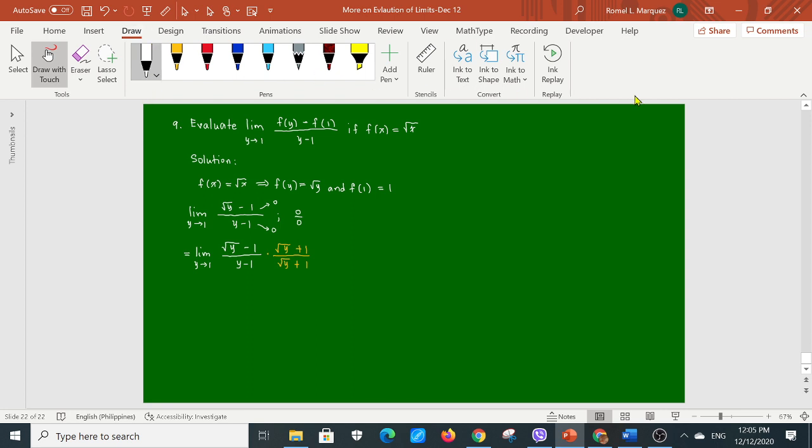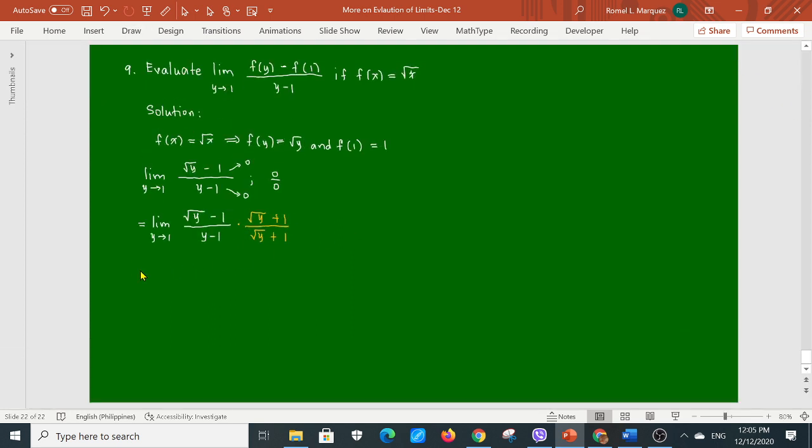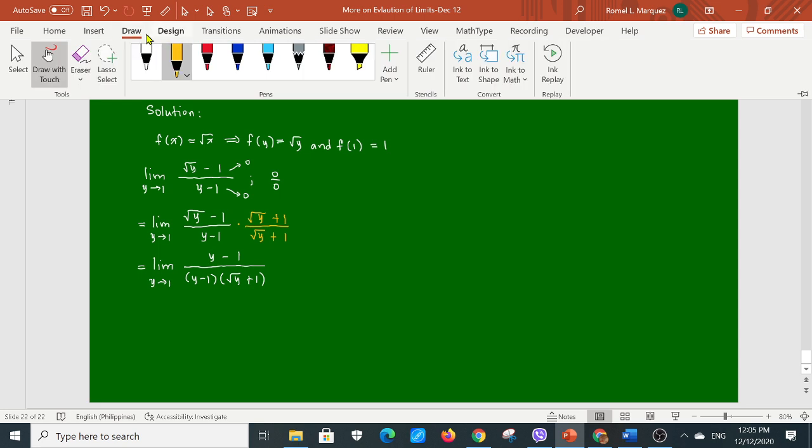Okay? And this is now equal to the limit as y approaches 1 of the numerator, so that is y minus 1. The denominator, y minus 1 multiplied by square root of y plus 1. I can now cancel this out.